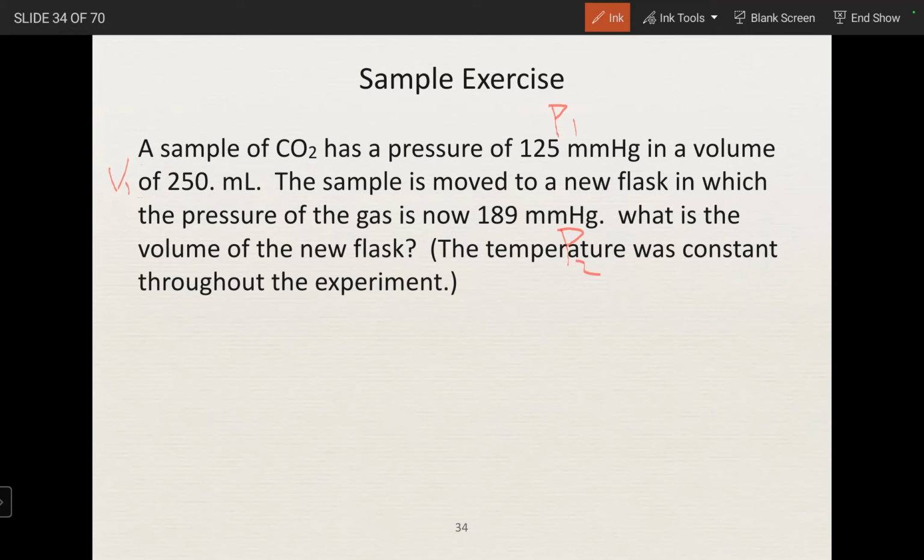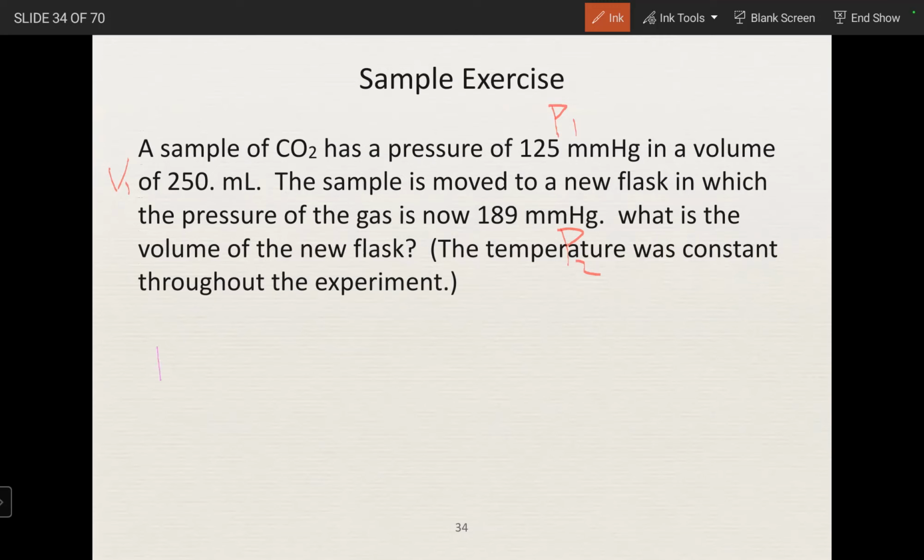But with the P1, V1 equation, that combined gas law, temperature and moles on the bottom, the units we're plugging in aren't going to be important as long as we have the same thing on both sides. So in this case, since we've got millimeters of mercury for both of those pressures, those units are just going to cancel. So we don't have to worry about converting those at all. Same thing with the volume, it's in milliliters. That's fine, it just means our answer is going to be in milliliters.